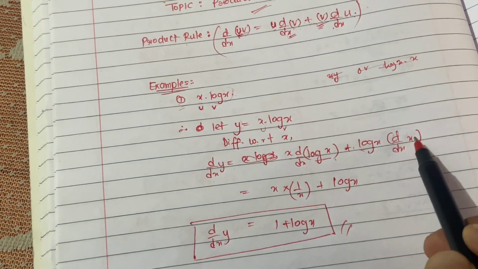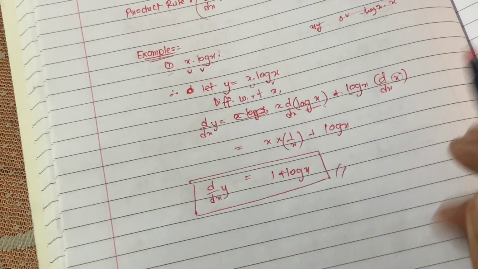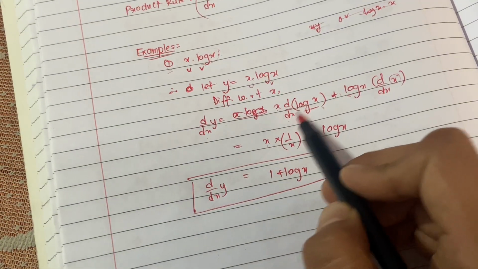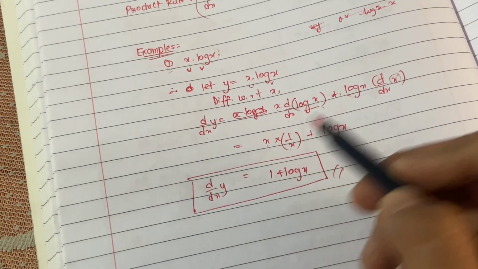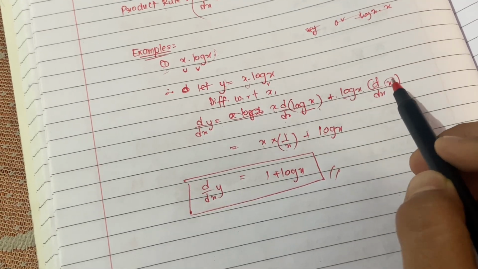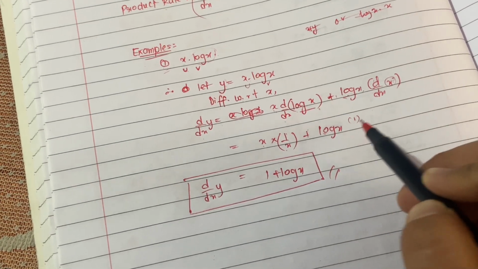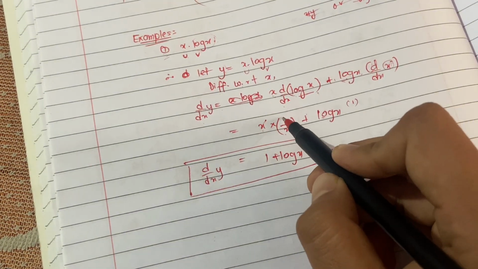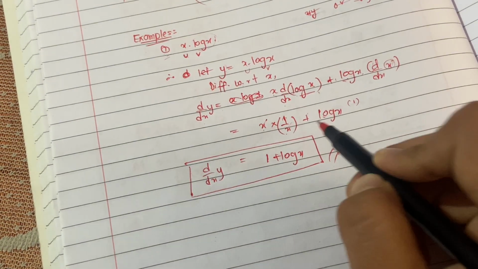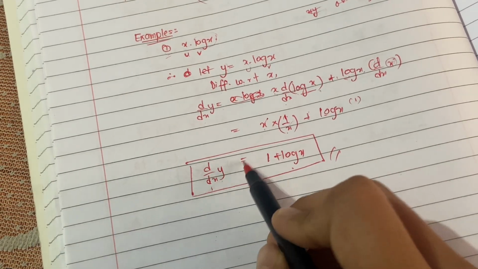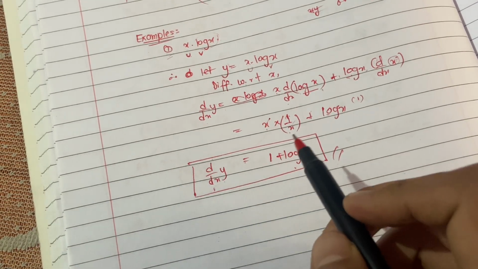So x will be as it is. Now differentiation of log x is 1 by x, and plus log x times d by dx of x, which is 1, so no need to write. So x and x will be cancelled, we will be left with 1 plus log x. So the value of dy by dx equals 1 plus log x.